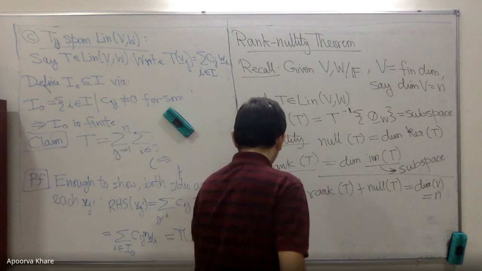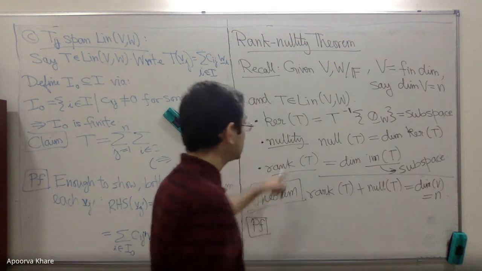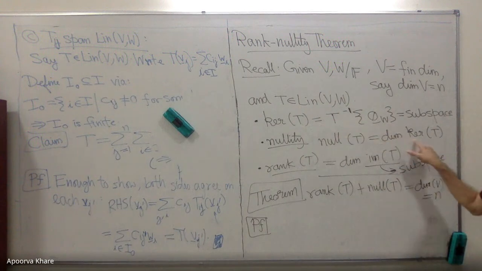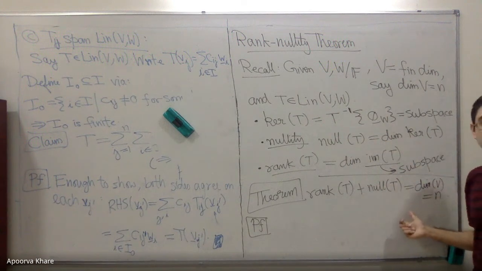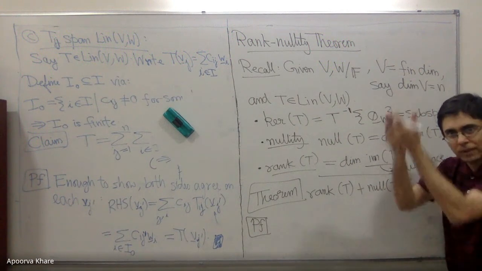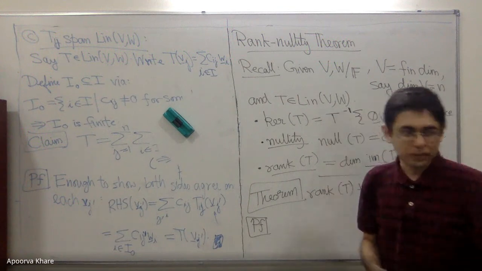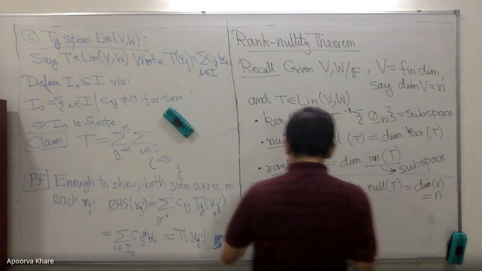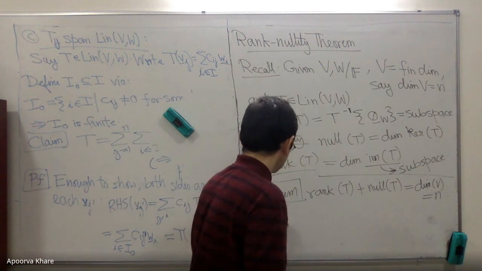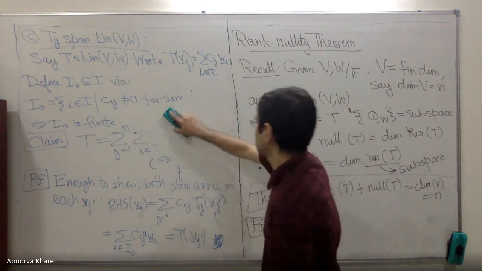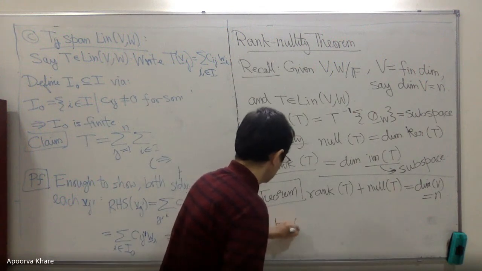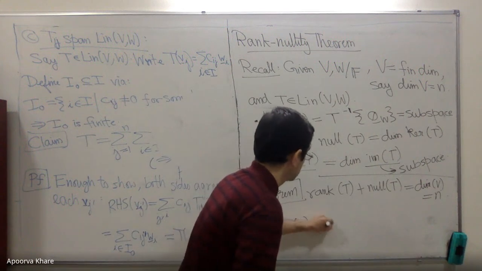So let's start the proof here itself. The kernel is a subspace of V, right? So the dimension of the kernel is less than or equal to the dimension of the full space because it's a subspace. You can extend the basis of the kernel to a basis of the full space, as in fact we will right now.